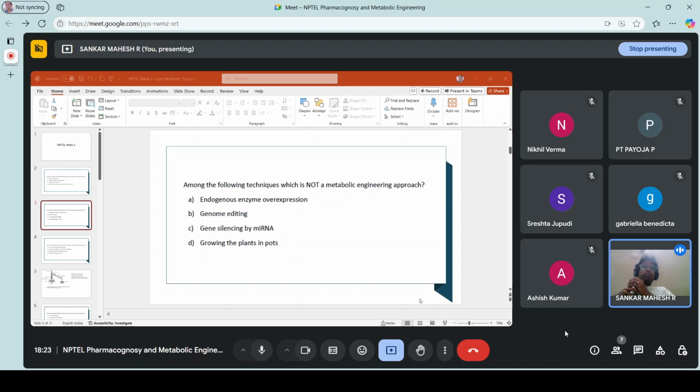Does anyone want to try? You need to talk about a particular option and why that option is incorrect for this particular question. Yeah, Nikhil. Genome editing is incorrect because we can edit a genome to produce a product of our liking, which we desire.